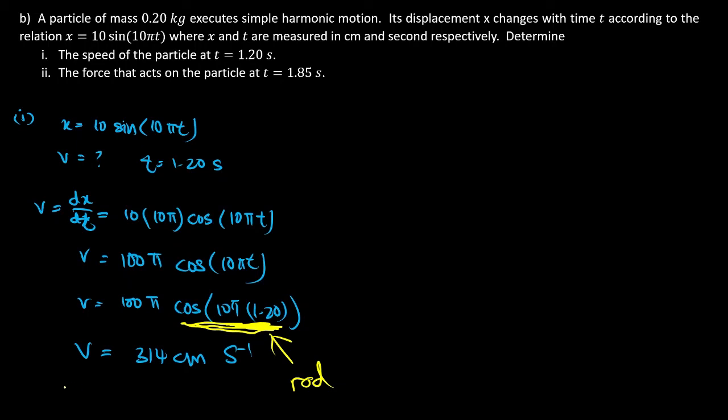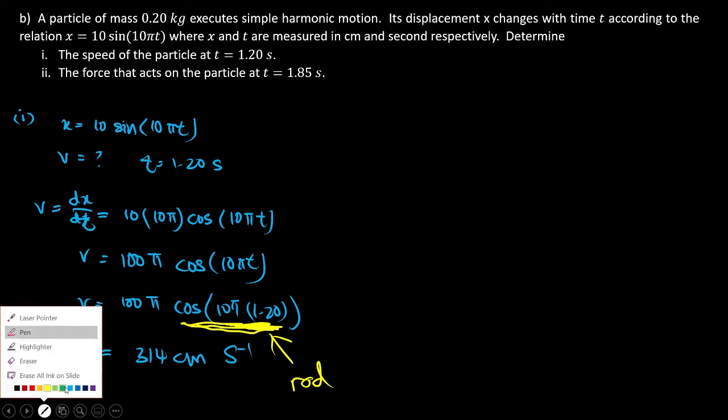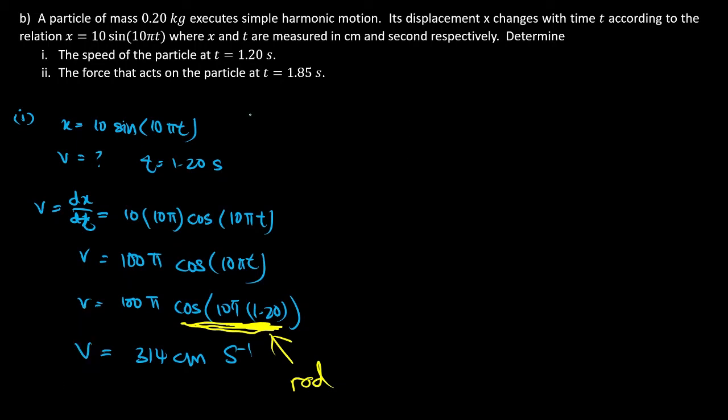Okay, now we proceed to the second question, where I want you to find the force that acts on the particle when t is equal to 1.85 seconds. So how do you find? We know that F is equal to ma according to Newton's second law.